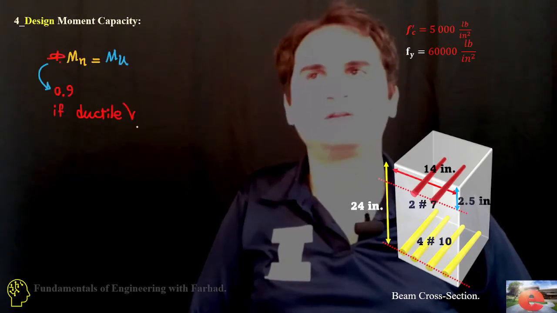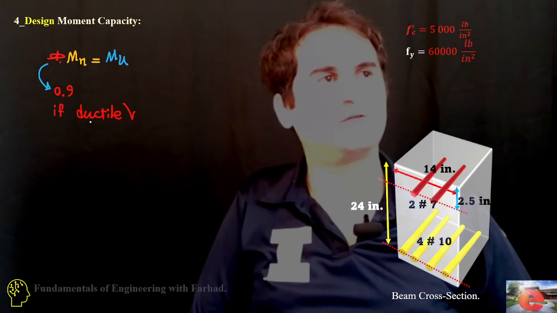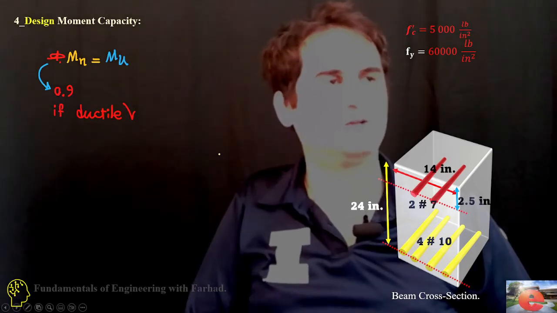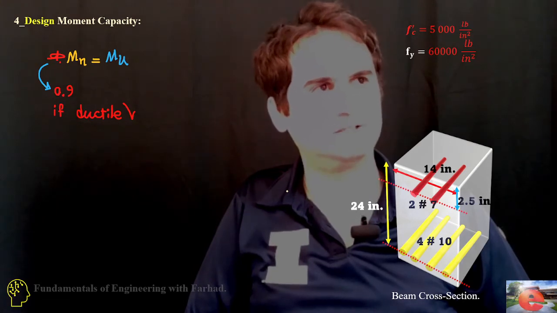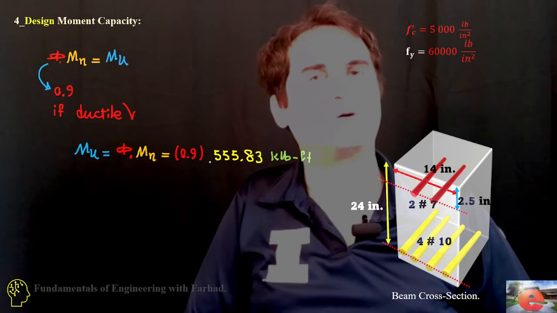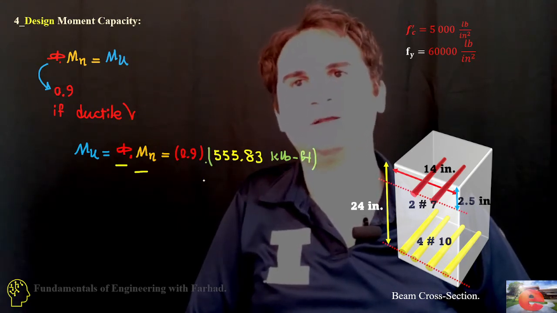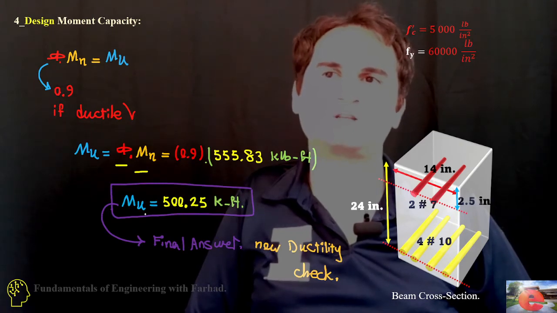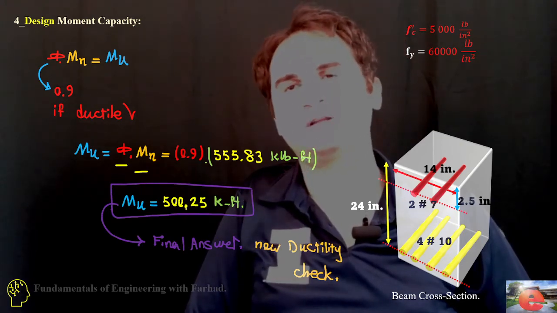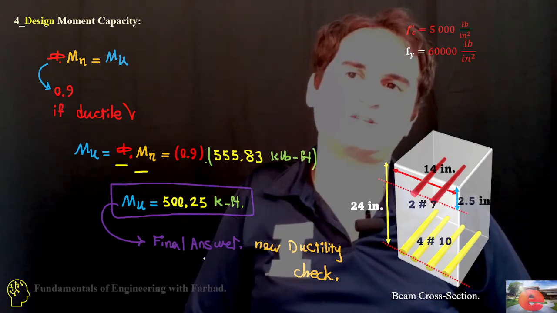If you multiply that by a phi reduction factor of 0.9 for a flexural member, if it's ductile, and we double check the ductility of the section later on, that's our design moment. Mu, the ultimate design moment, is phi times Mn. If you do the math, Mu is 500.25 kip-feet, and that's our final answer.